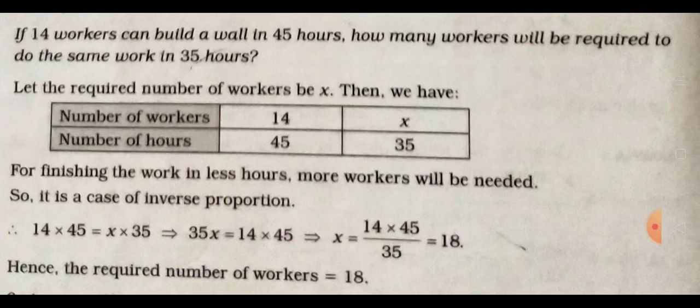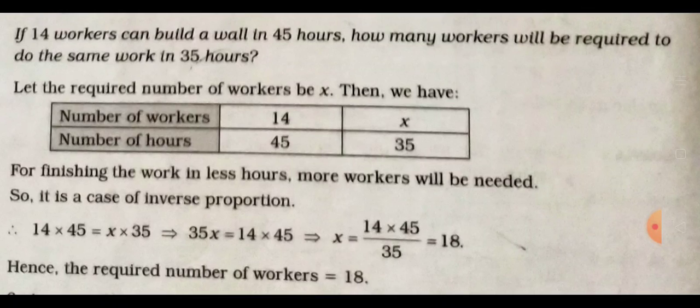If 14 workers can build a wall in 45 hours, how many workers will be required to do the same work in 35 hours? Now you can see here, students, that 14 workers are used to complete the work in 45 hours.